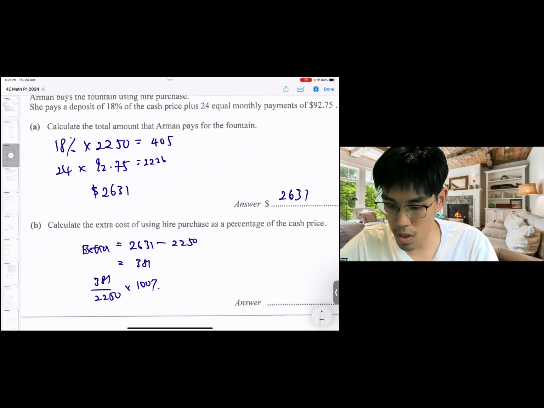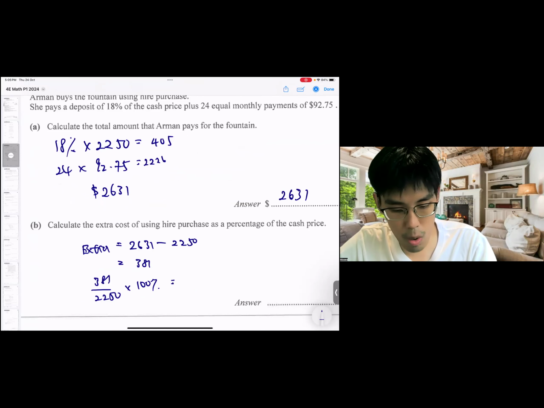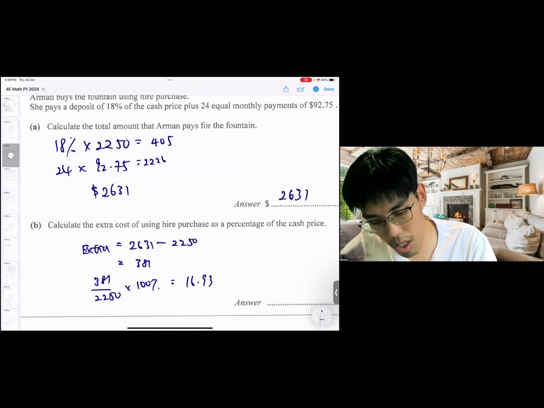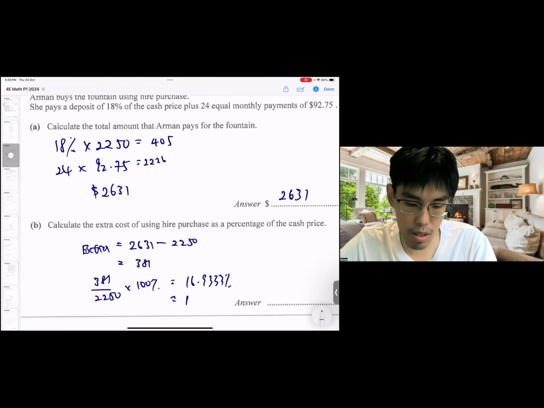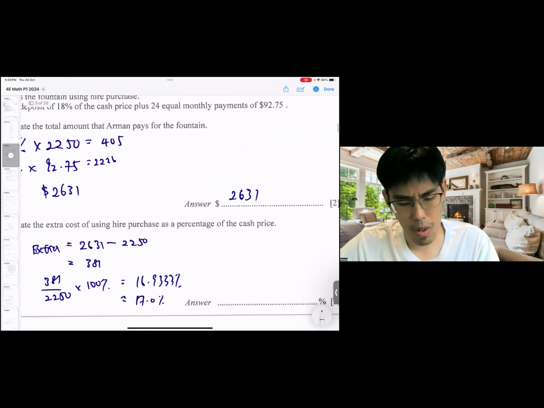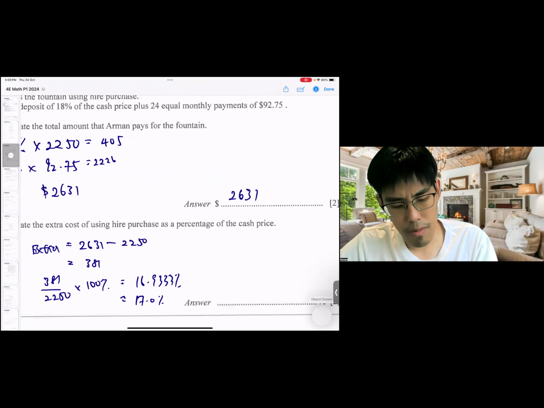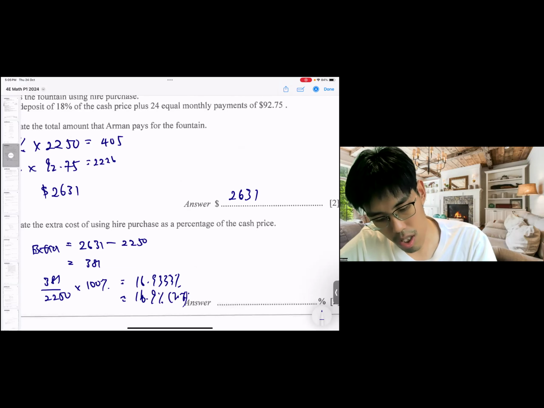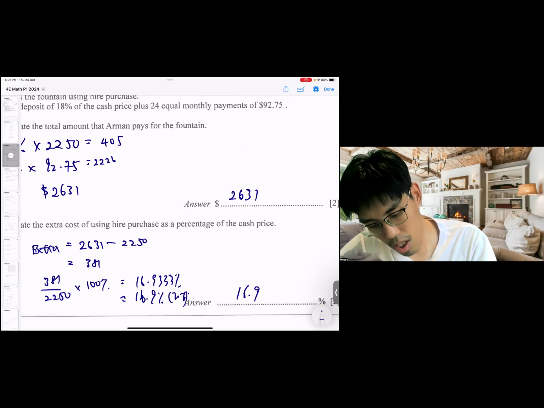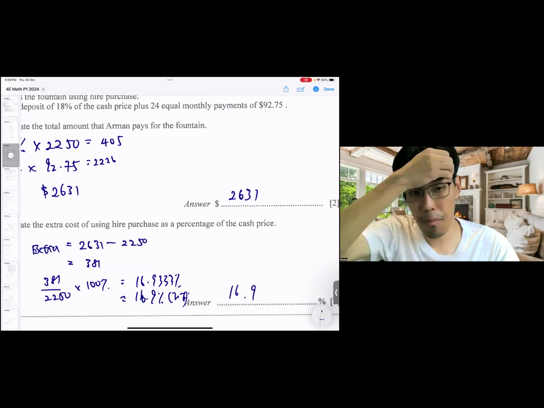The number looks weird: 16.9333%. To 3 significant figures, 16.9%. That's quite a lot though, but yeah, 16.9%.